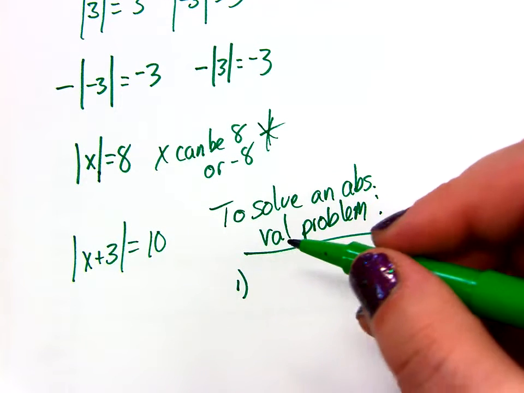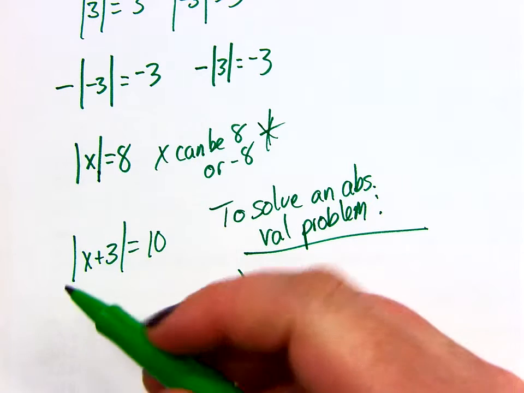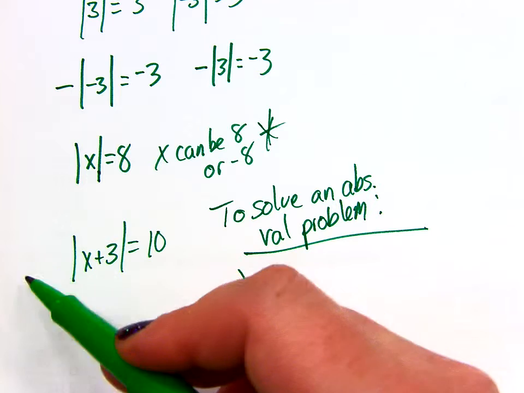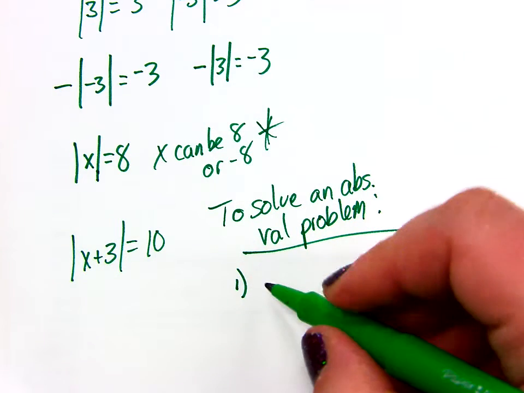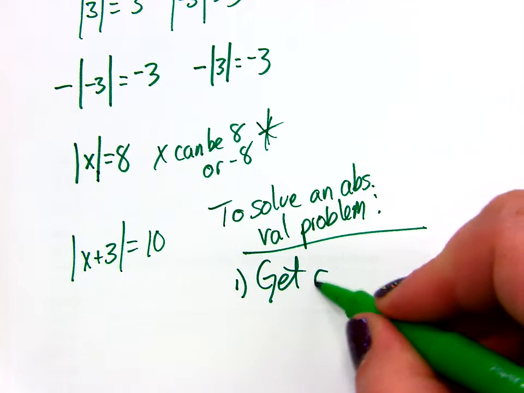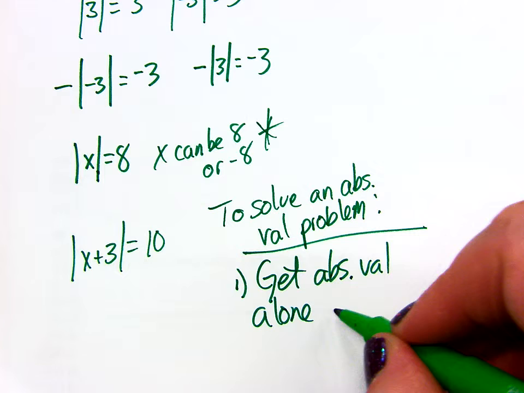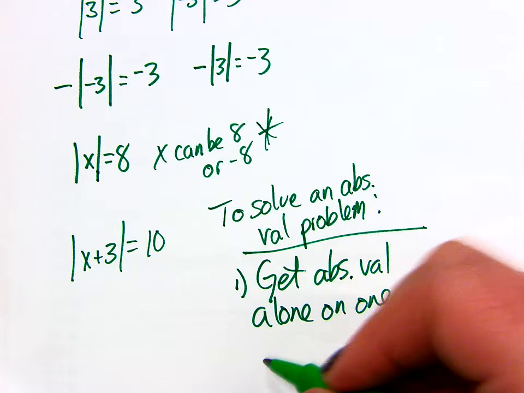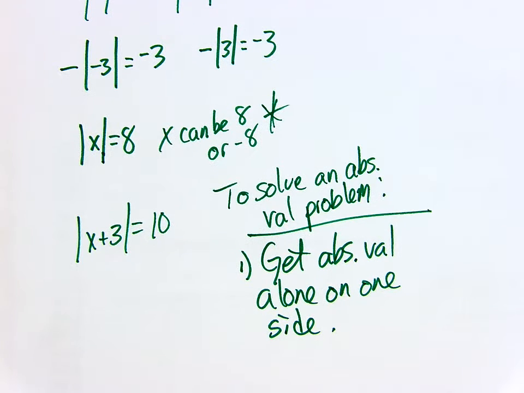So the first thing that you do need to do is get the absolute value by itself. So in other words, if I had something else over here like 2 plus absolute value of all this, I'd want to get the absolute value by itself. So get absolute value alone on one side.